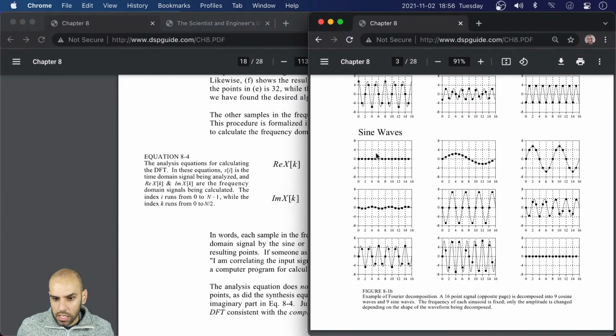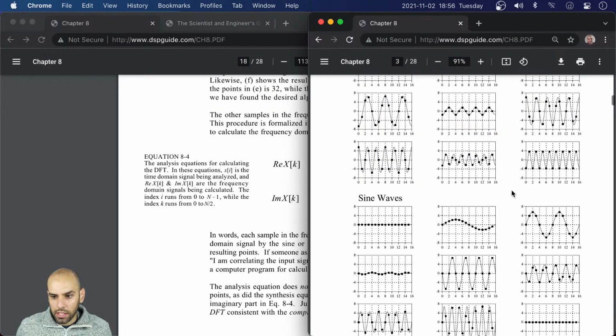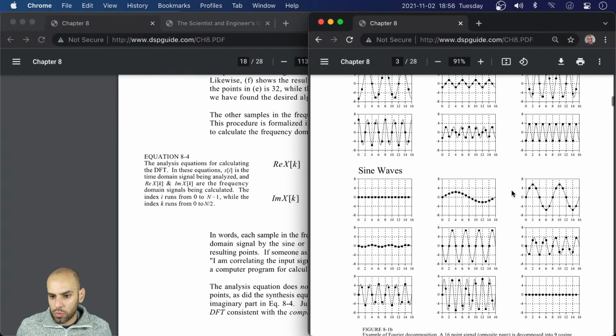So in this case, the sine wave at frequency 0 and the sine wave at frequency 24 kilohertz, they are both always 0.